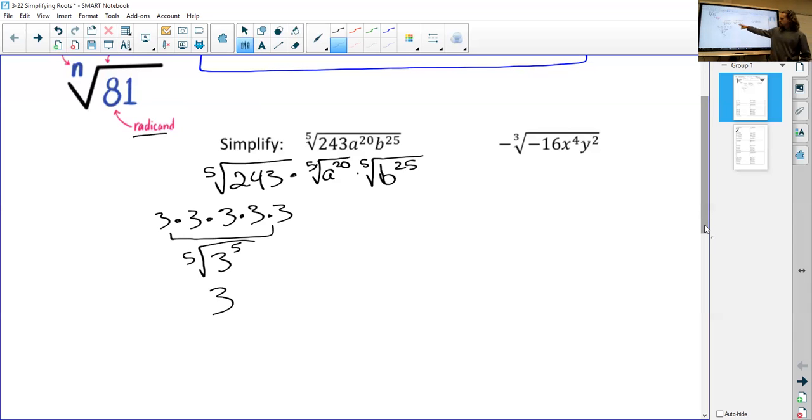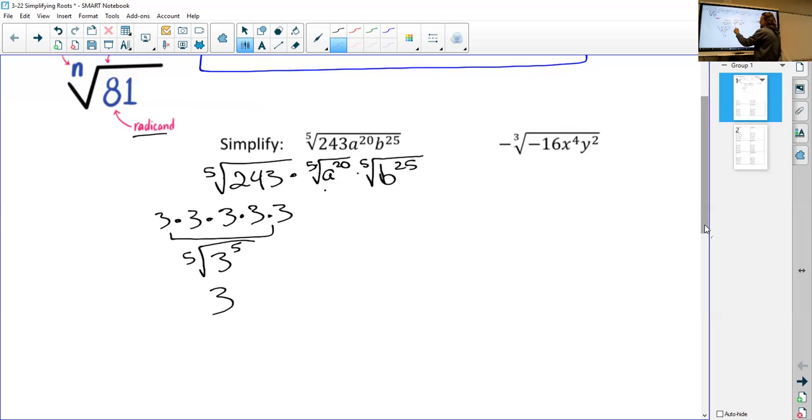Okay? We do the same thing for a. I don't want to actually have to write out 20 different a's though. So we can think of this as division. How many times does 5 go into 20? And hopefully you would say, well, that's 4 times.